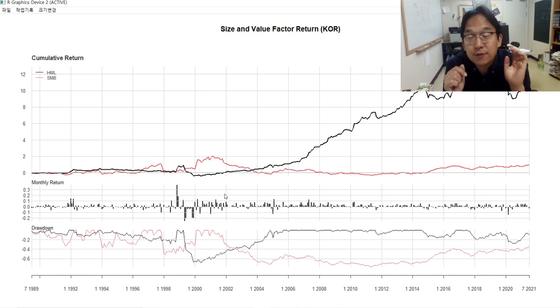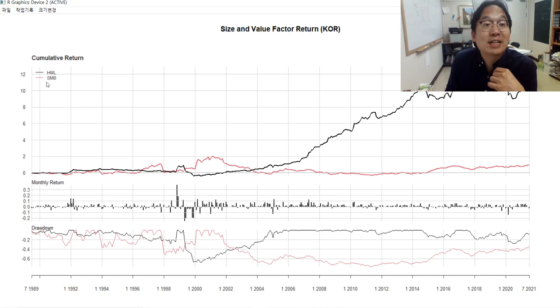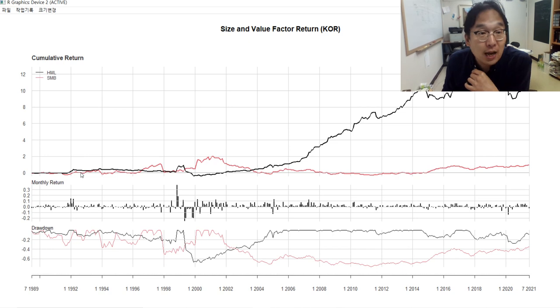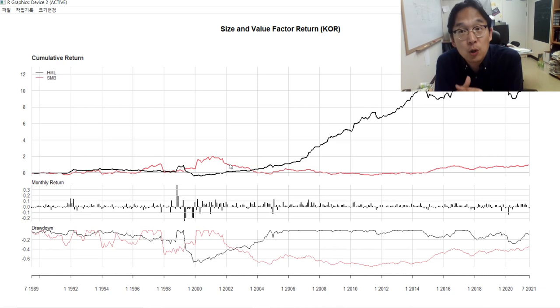On this graph, which we're going to generate on our own using this code, the red line is SMB, small minus big, the size-based trading strategy using Korean data. And the value strategy is on the black line, HML. So it's going to be the factor portfolio performance that we're going to demonstrate.